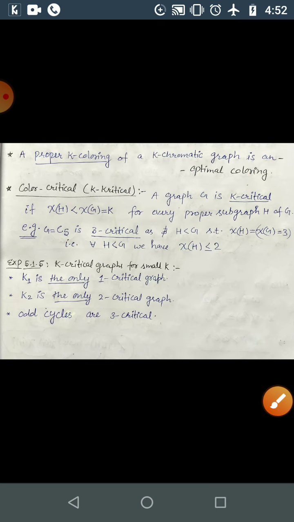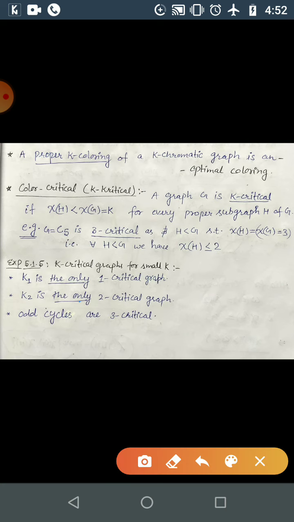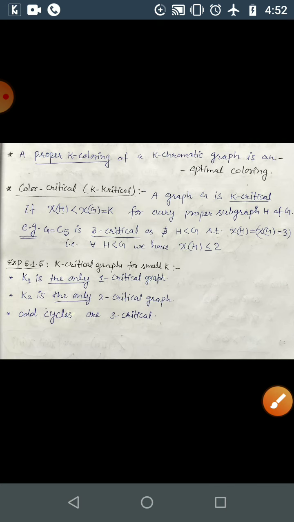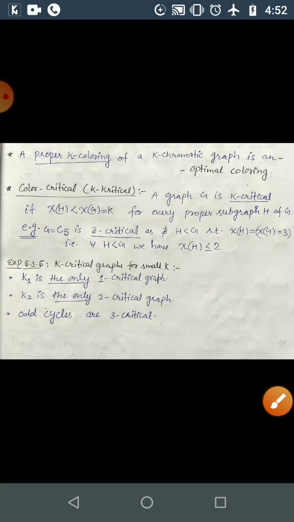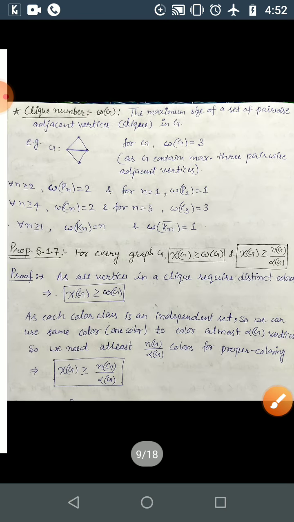So only K2 is the 2-critical graph. And odd cycles are 3-critical, because there does not exist any proper subgraph of an odd cycle whose chromatic number will become 3. For all proper subgraphs of odd cycles, the chromatic number is less than or equal to 2. I hope this is clear.